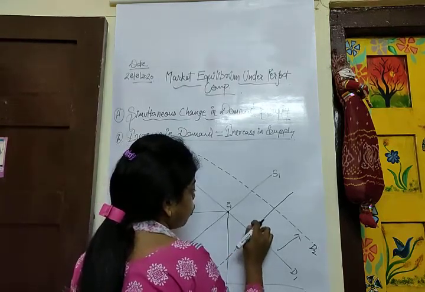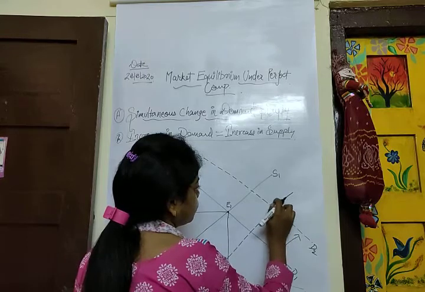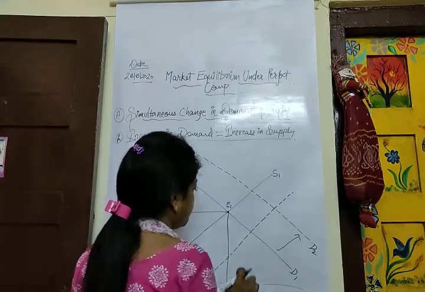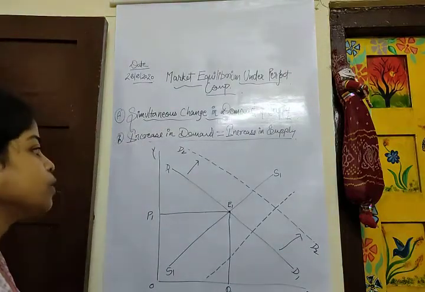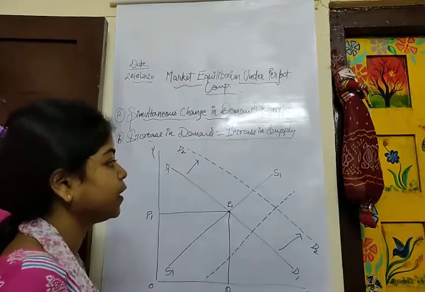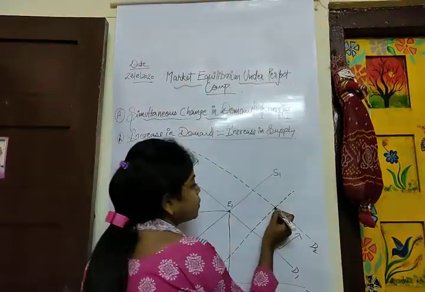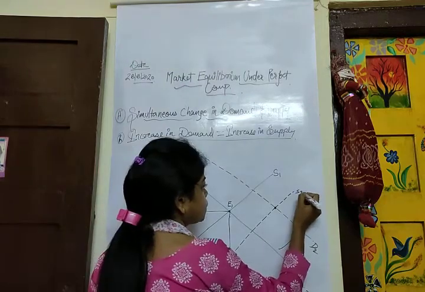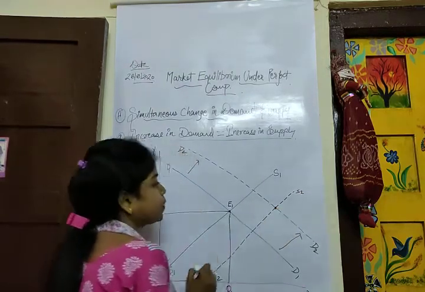Always try to draw the second line dotted so that it gets differentiated from the previous one, right? So the next intersection point we can get very easily is this. This is S2, and the next equilibrium point is this.